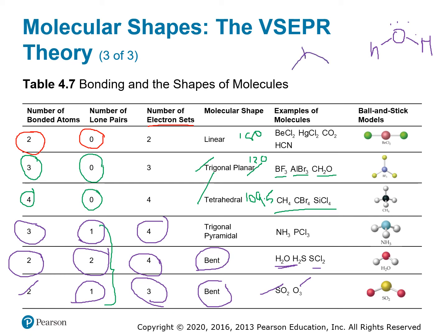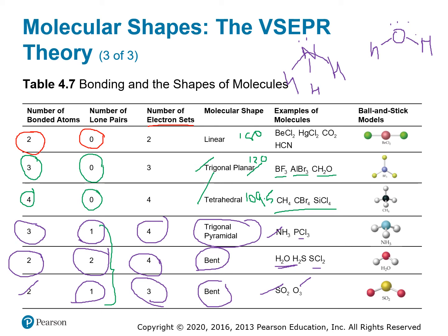So you have nitrogen, for example, if it is ammonia, so it has nitrogen and hydrogen, hydrogen and hydrogen, and this lone pair of electrons sits there, and that geometry is referred to as trigonal pyramidal. Okay, and a classic example is ammonia or phosphorus trichloride.